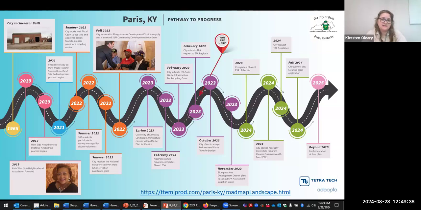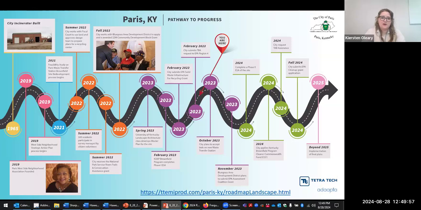There is a link to this timeline. It's actually interactive, and we just wanted to highlight this as not only a great example of environmental justice and what that looks like, but also of community engagement and providing information.